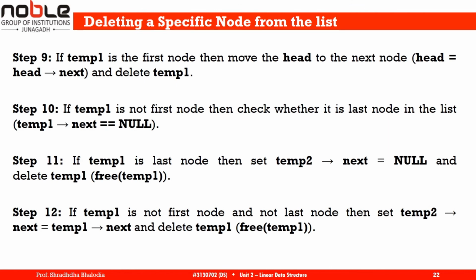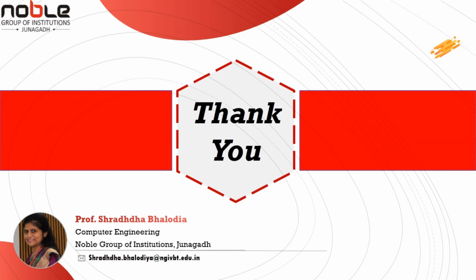So this is how the operations are performed on a linked list. It means deletions and insertions are performed in 3 ways because a linked list is totally dynamic. So there are 3 ways of inserting an element in the list and deleting an element from the list. Okay, so this is how the operations work on a linked list.